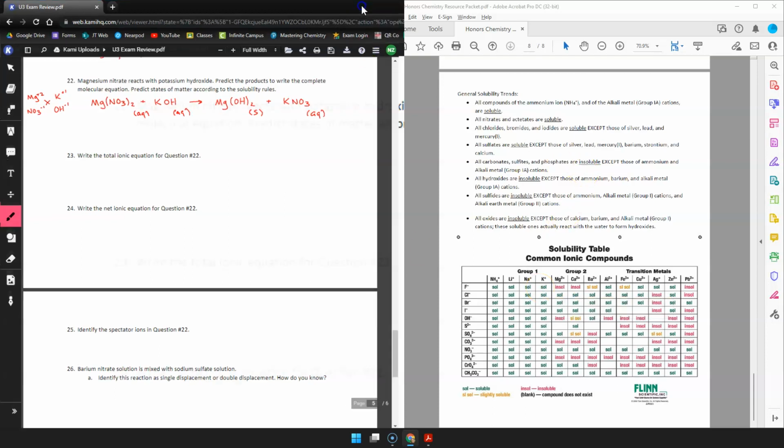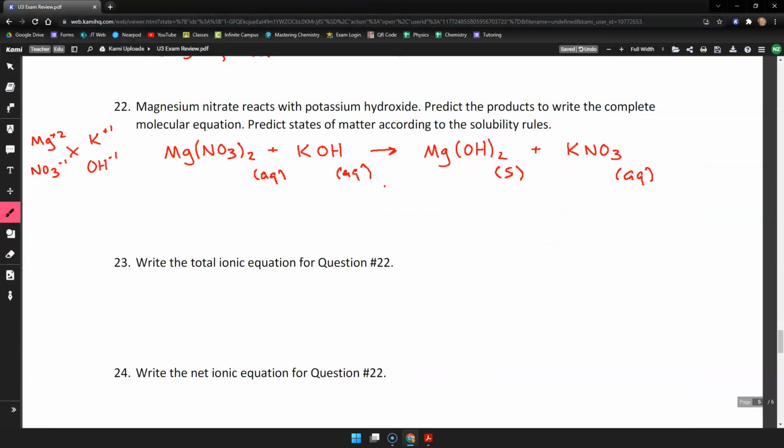Okay, now we balance. So magnesium, nitrate, potassium, and hydroxide. One, two, 1, 1, 1, 2, 1, 1.